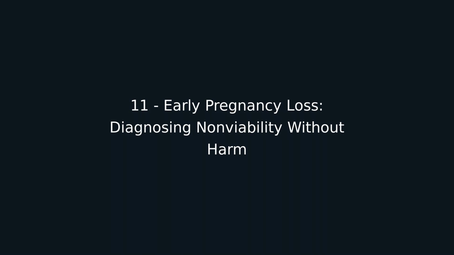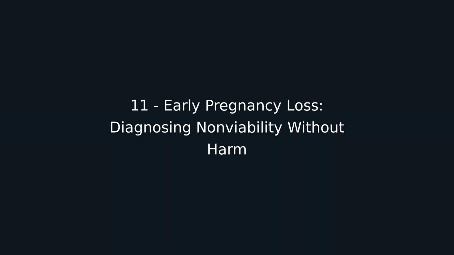Early pregnancy loss occurs in about 10% of clinically recognized pregnancies. About 80% of all pregnancy losses occur in the first trimester. Approximately half are due to fetal chromosomal abnormalities. Risk rises with maternal age and prior loss.